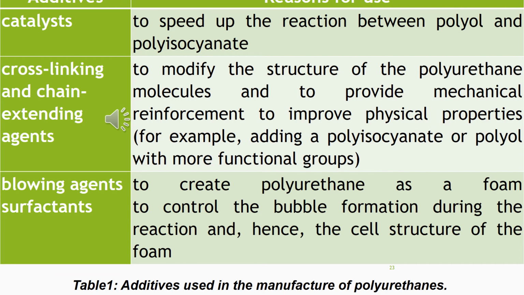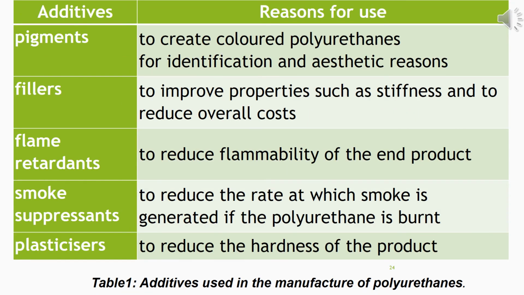Pigments are used to create colored polyurethanes for aesthetic reasons and for identification of the polyurethanes. Fillers are used to improve properties such as stiffness and to reduce overall cost. Flame retardants are used to reduce the flammability of the end product.